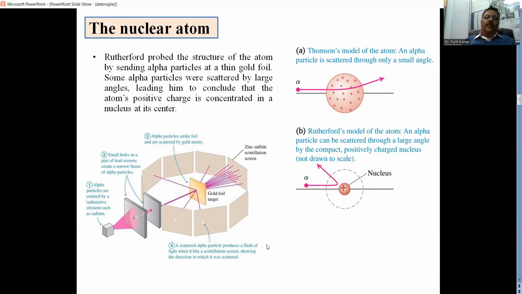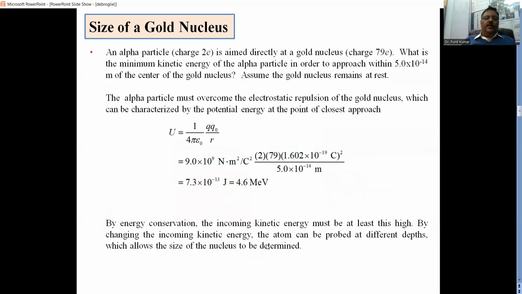But they were found to be scattered or diffracted, which is only possible when there is something highly dense at the center. So it was concluded that the nucleus is a positively charged body at the center and the electrons revolve in orbits.